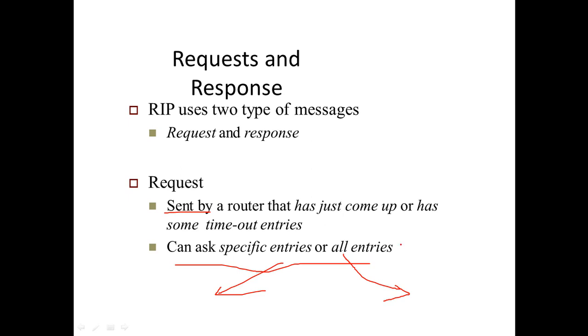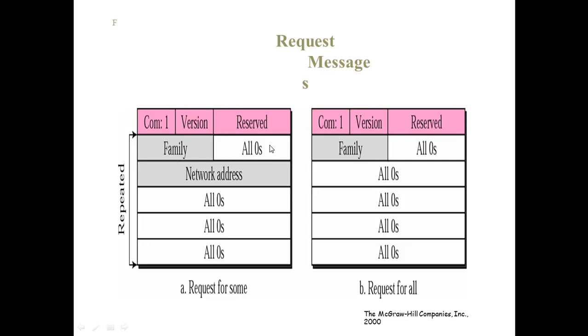So that router will provide all of its entries to this router as a response. This is a request for a single one or multiple, and this is a request for all. If you want to request all of the networks, you have to put all zeros. I've already told you about the concept of all zeros and all ones, so that will be applied over here as well.